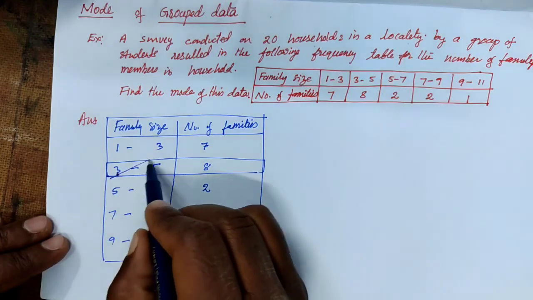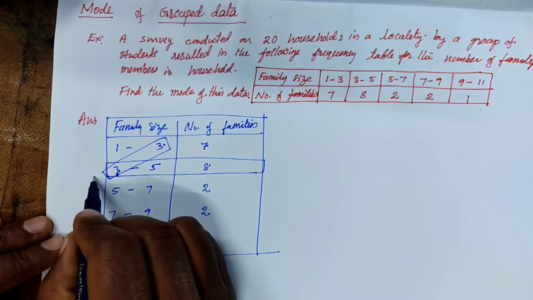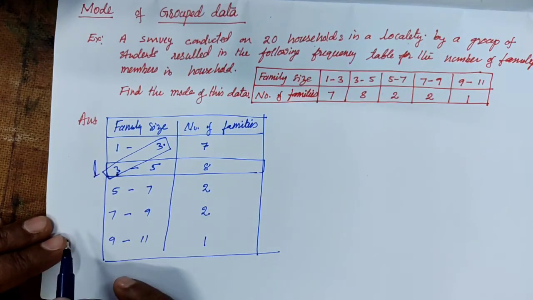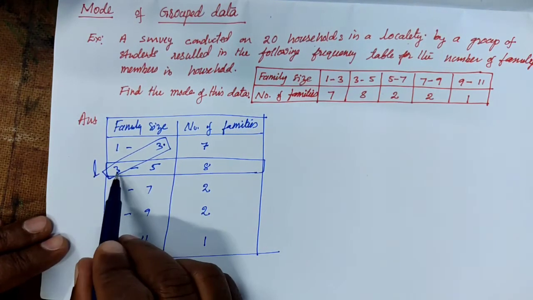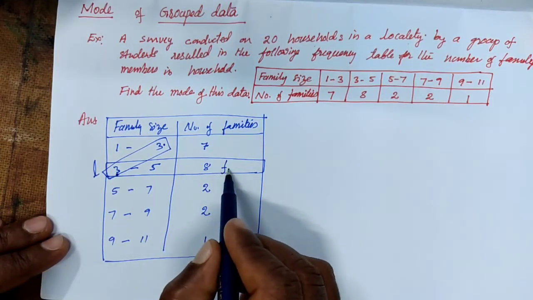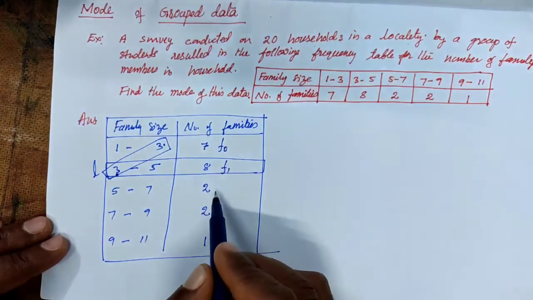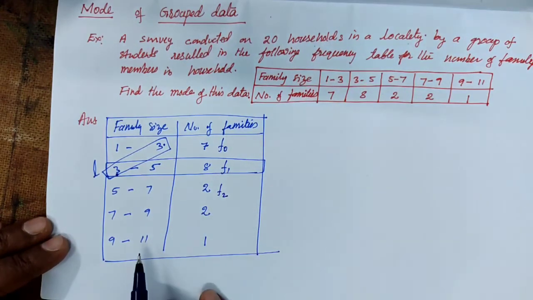The average of this one and this one is taken as L, and the frequency of this is taken as F1, and this is F0 and this is F2.